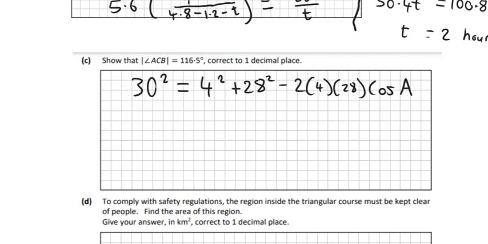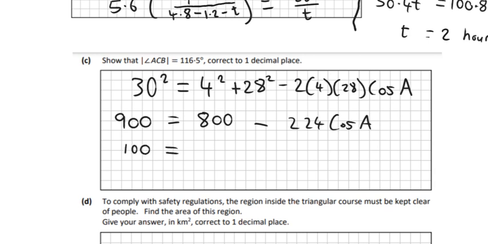So you can go ahead and multiply those out or simplify it. So we get 900 for 30 squared equals 16, and we'll add them together, so we get 800 minus 224 cos of a, and then if you bring over the 800, it'll become 100.